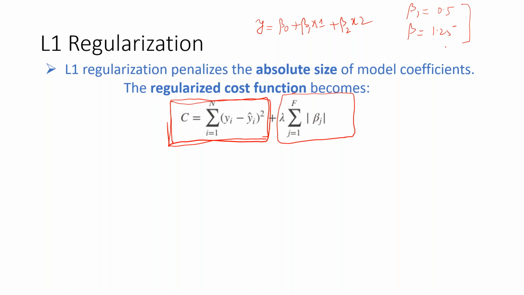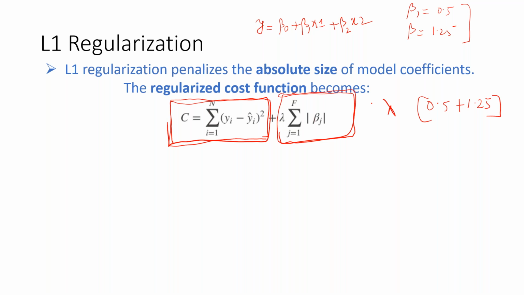So what I do to reduce is add a new term, that is lambda times sigma j equal to 1 to f of absolute beta j. Meaning I have 0.5 plus 1.25, and I am putting sigma of that.